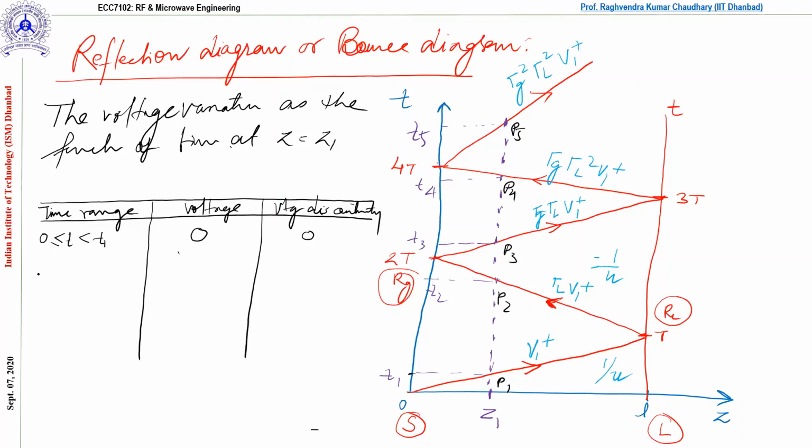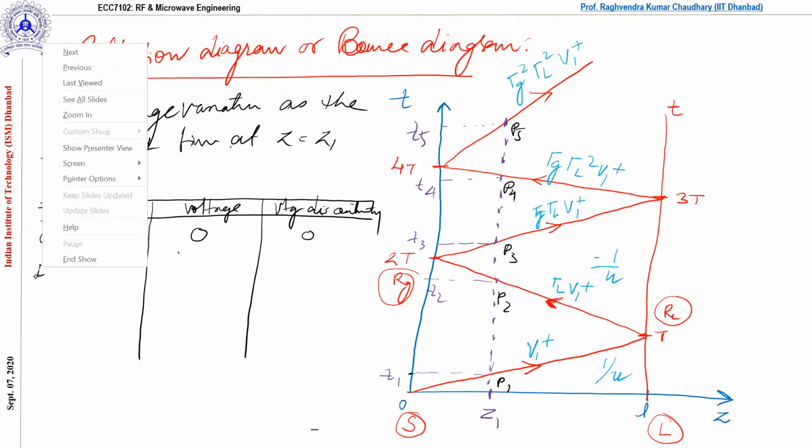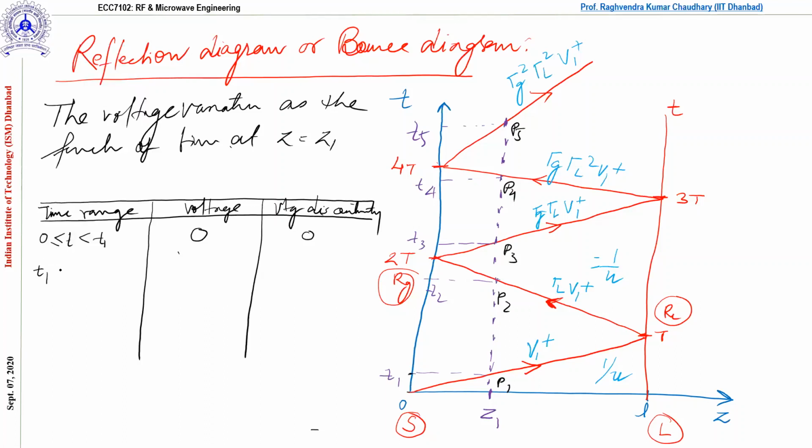Now if I ask you to find it out between t1 less than t less than t2, what will happen? It reaches the z1 location, fine, but where is t2? T2 is this.